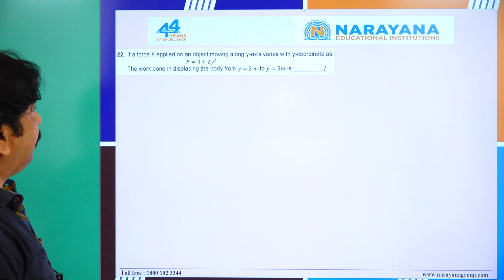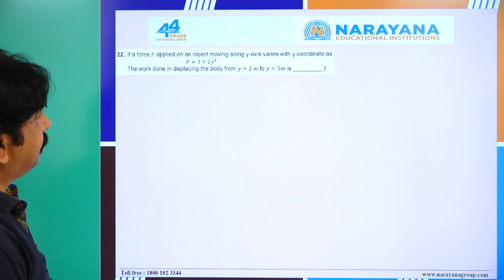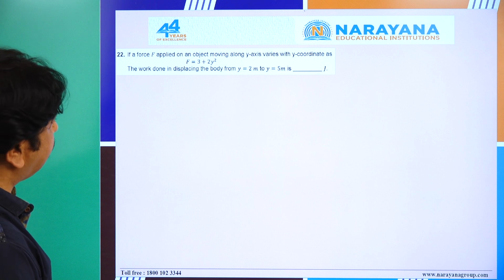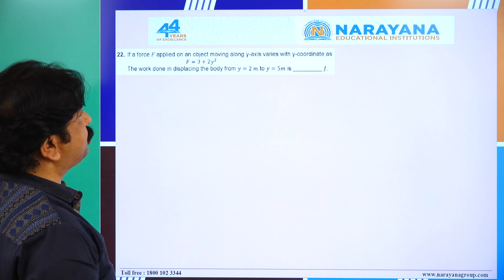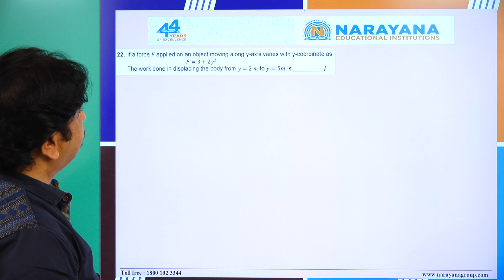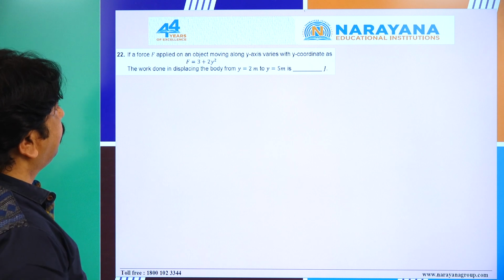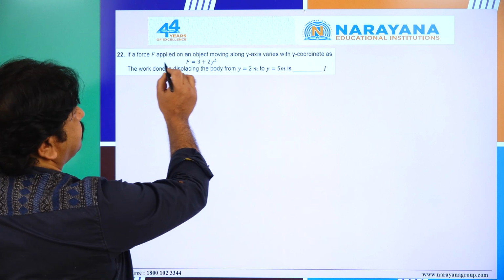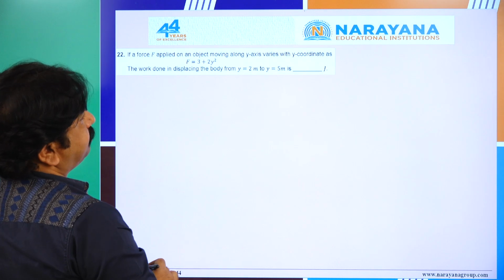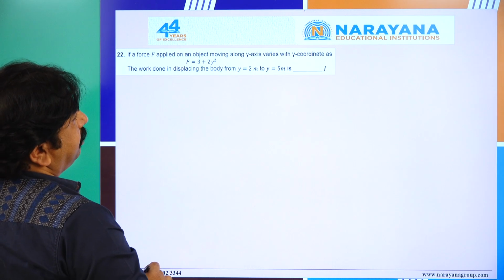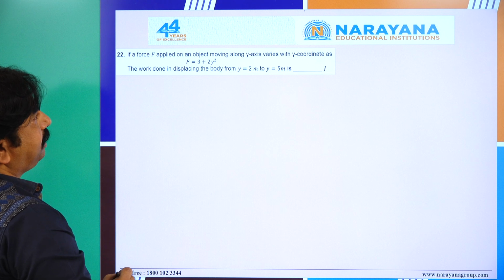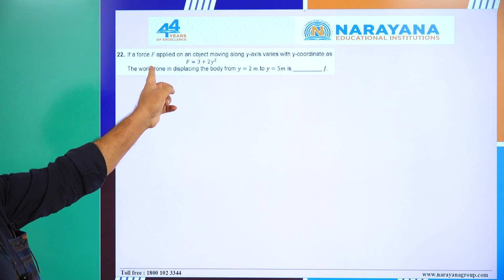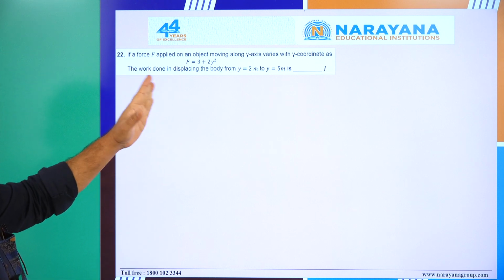If a force F applied on an object moving along the y-axis varies with y coordinate as F is equal to 3 plus 2y square. Since the object is moving along the y-axis, the direction of F bar is important in the case of work done.